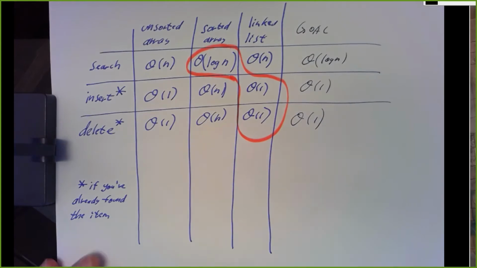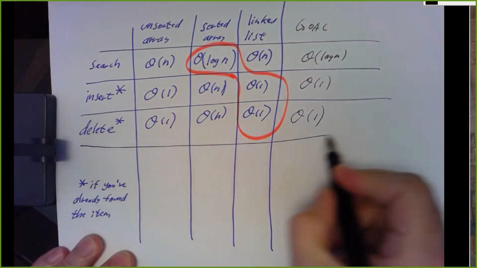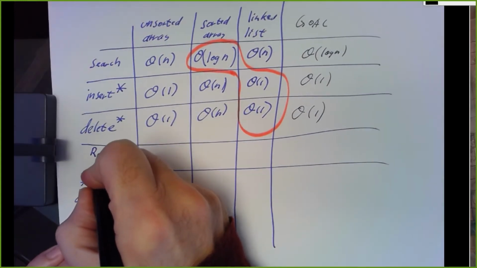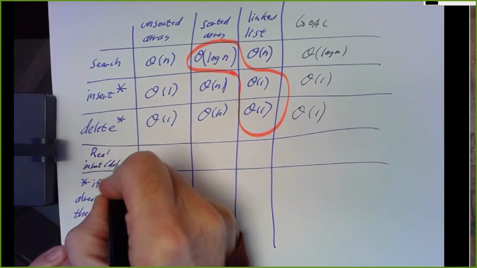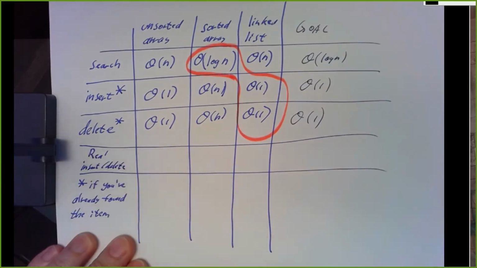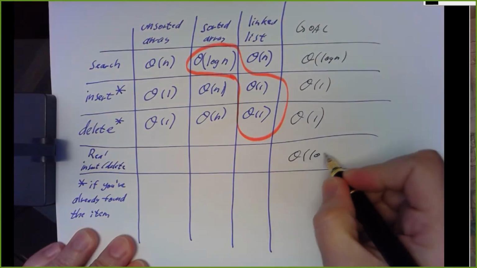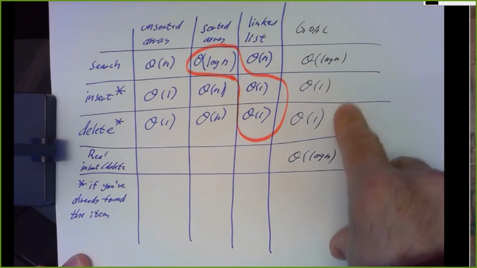And the actual effective time for insert and delete, because we do have to find the thing that we want to delete, or we have to find the proper spot to insert, is going to be log n, because it's a combination of the search time and then the actual insert or delete.